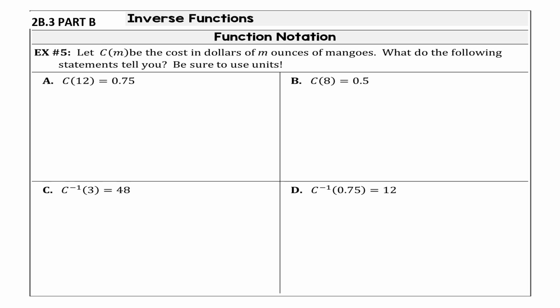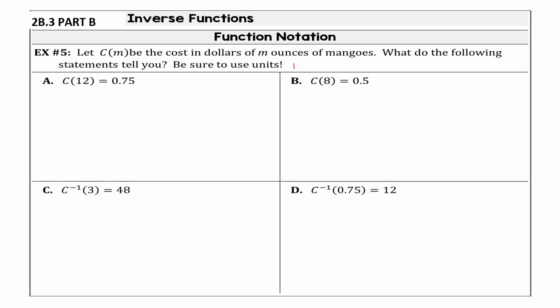Example 5, we are talking about interpreting what our function notation means. It says, let C of M be the cost in dollars of M ounces of mangoes. What do the following statements mean? First, we make sure we understand what C and M are. M is our input. So we're going to identify our input and our output, our X, our independent and dependent variable in this case.